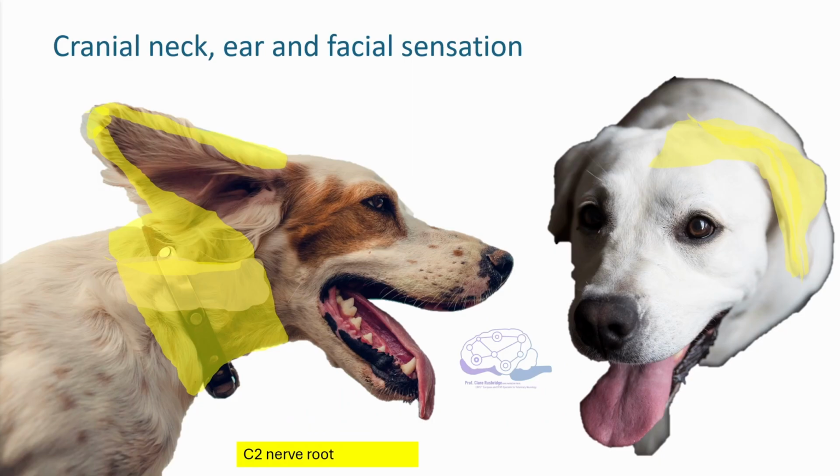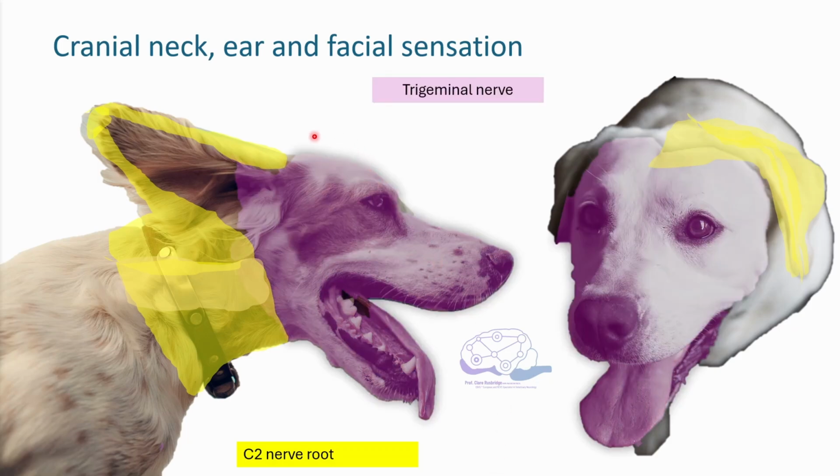The trigeminal nerve is the most important nerve for facial sensation, and so really covers the entire face, including the teeth, all the areas covered in pink. The outside of the ear and the inner margin of the inner surface of the ear and the upper neck is the C2 nerve root, and the facial nerve really does very little for sensation.